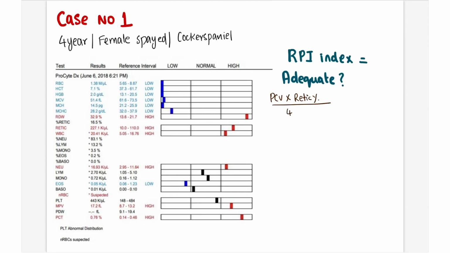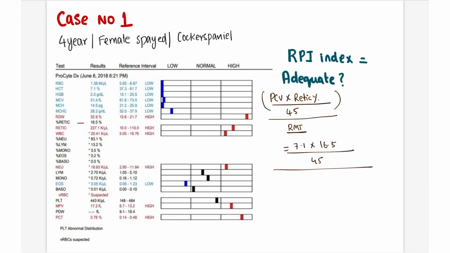Here it is a dog, so it is going to be 45, and everything is going to be divided by the RMT correction factor. Here the PCV is 7.1, retic percentage is 16.5, divided by 45, and everything should be divided by the RMT.